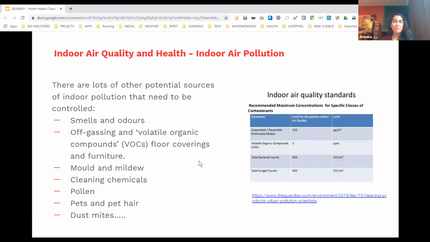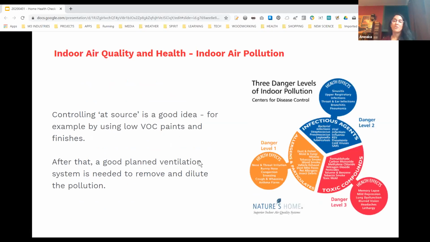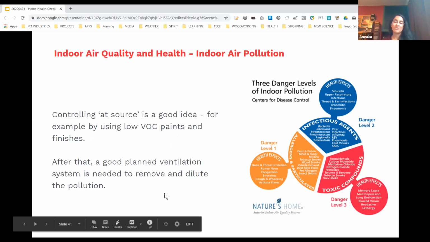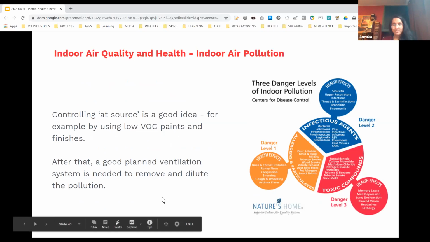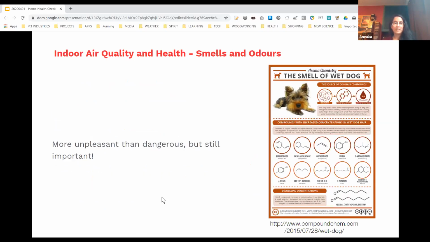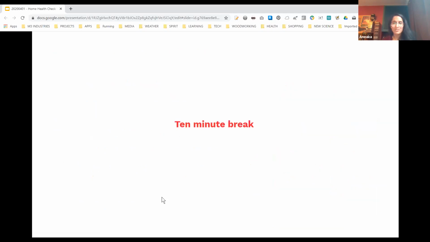For VOCs, it's a really good idea to control them at source, so reduce the amount you buy and buy low VOC paints. Pets, while not necessarily dangerous, are also something we want to control.